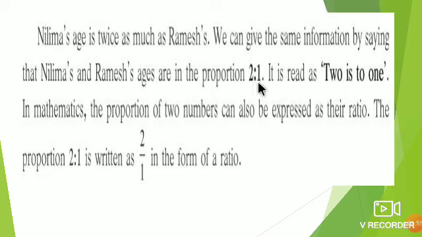So 2:1. It is read as 2 to 1. In mathematics, the proportion of two numbers can also be expressed as their ratio. The proportion is 2:1 and it is written as 2/1 in the form of the ratio. Understood it?